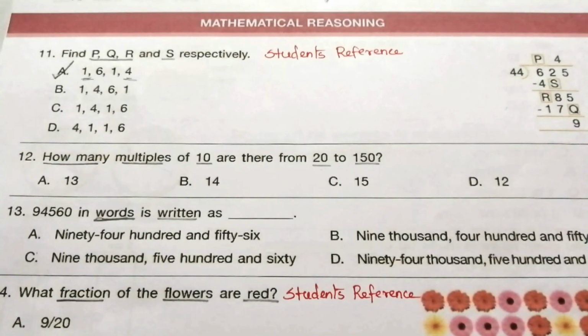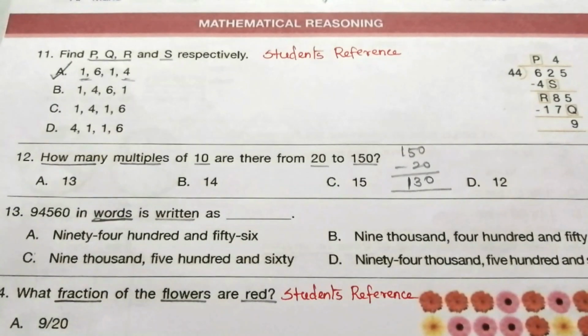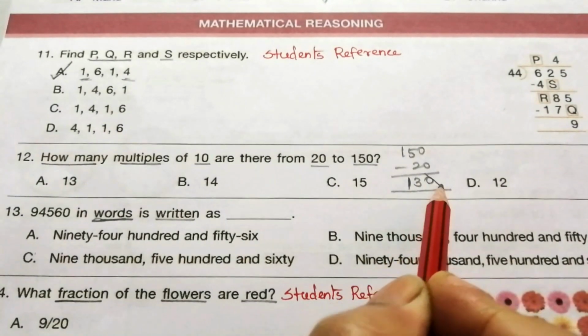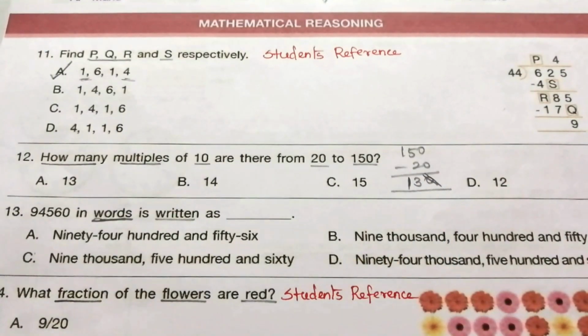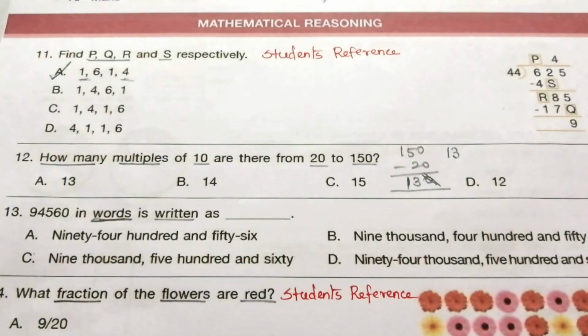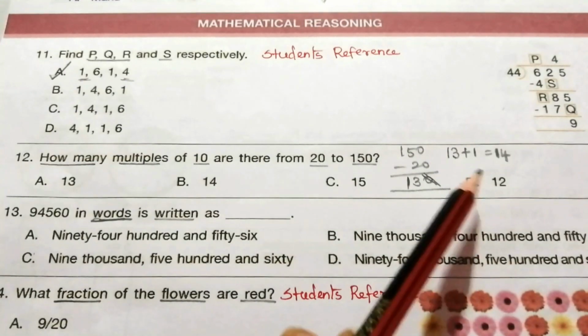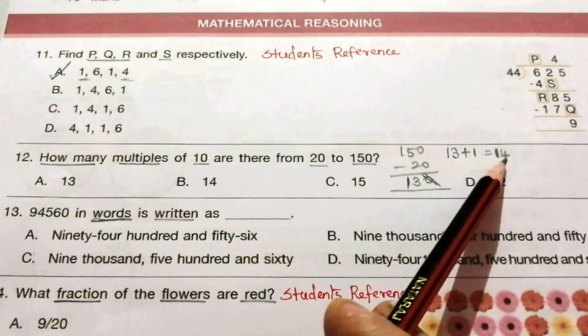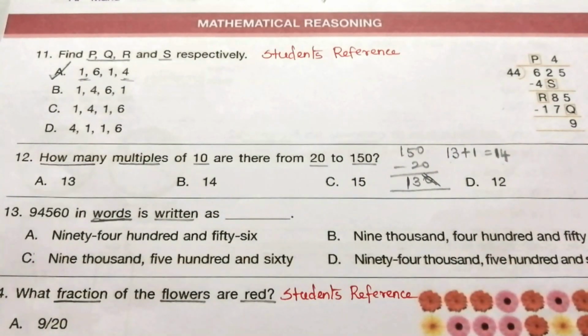First you subtract 20 from 150. We get 130. Now you remove this 0. After removing the 0, we get 13. Now we add 1 to this 13, that is equal to 14. This is our answer. This is a shortcut trick.